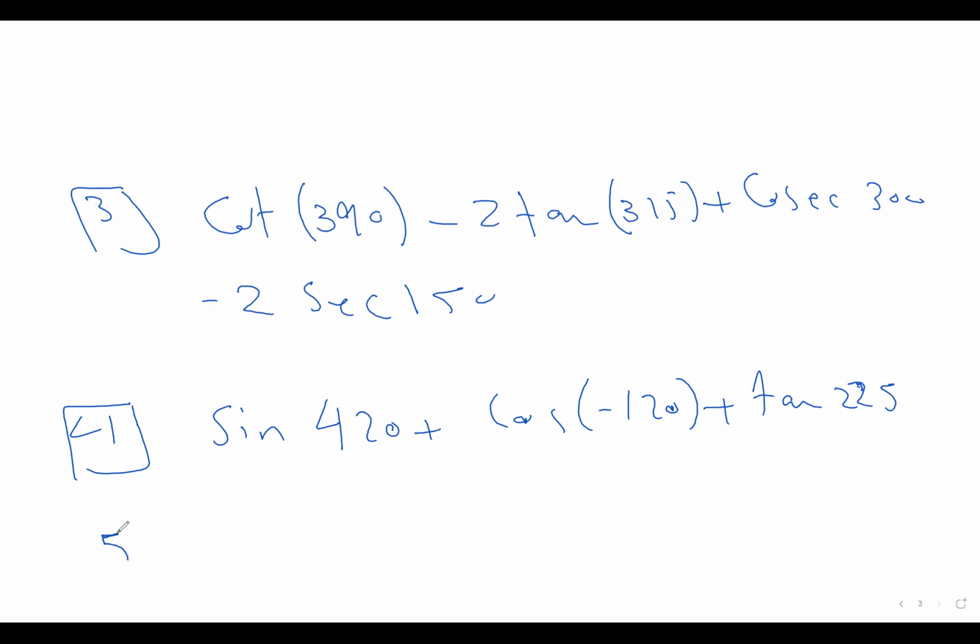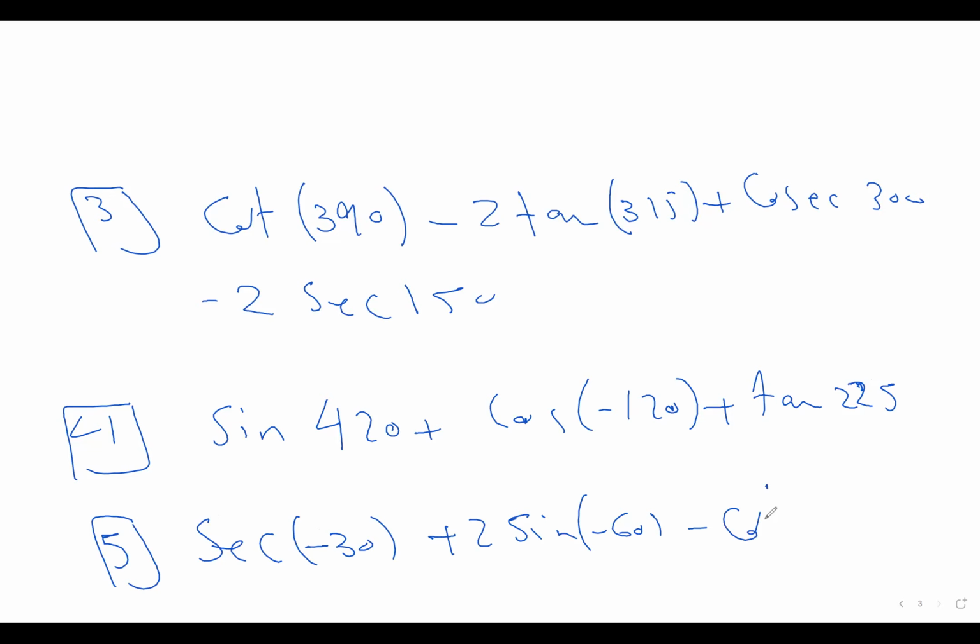Number 5: sec negative 30 degrees plus 2 sine negative 60 minus cotan 150 degrees. Solve number 3 and 4, and number 5 will be homework.